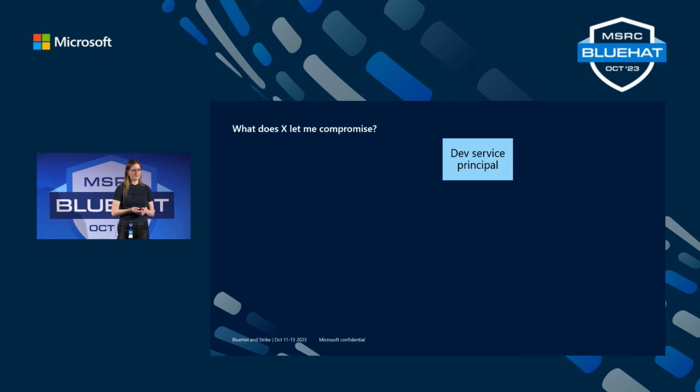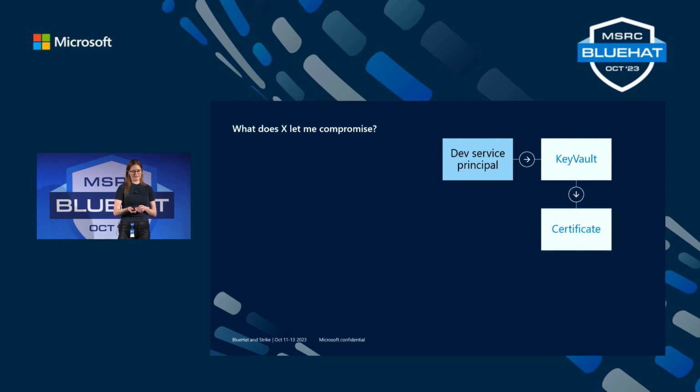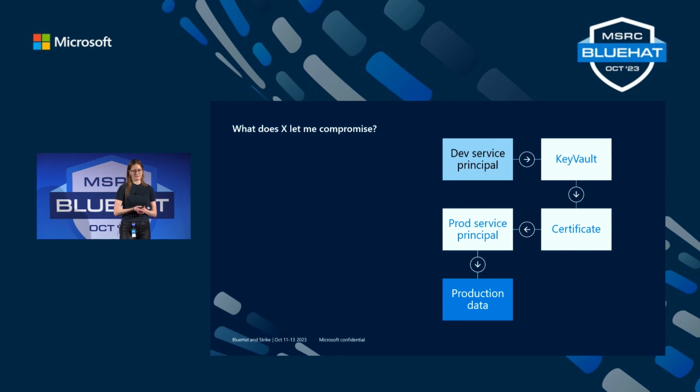For argument's sake, let's say we have a development service principal that has access to a key vault that contains a certificate which can authenticate as a production service principal, and that service principal has access to, let's say, a high-value storage account that contains production data. And say during our investigations or threat hunting, we realize an attacker has stolen this service principal. What does it give them access to?